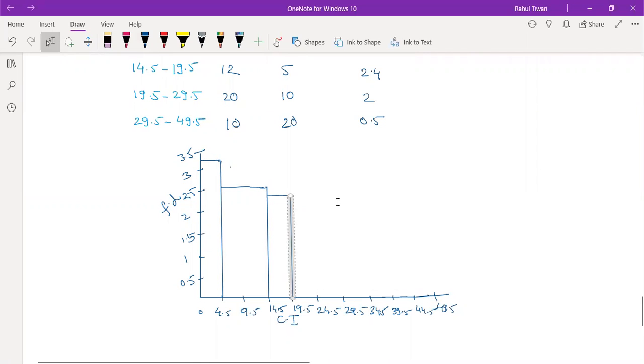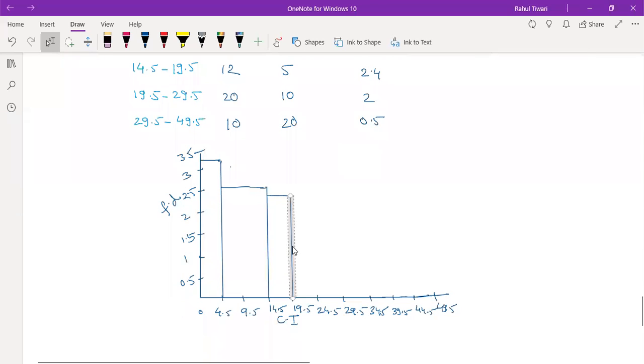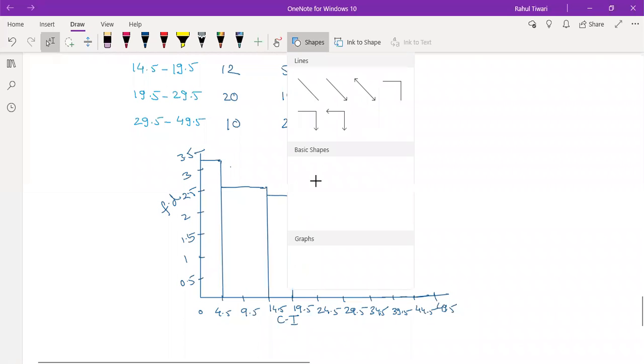Right, and then we have 2. Now you can see the length is 19.5 to 29.5. 19.5 to here, and this will move from here till here. So again we need to draw.